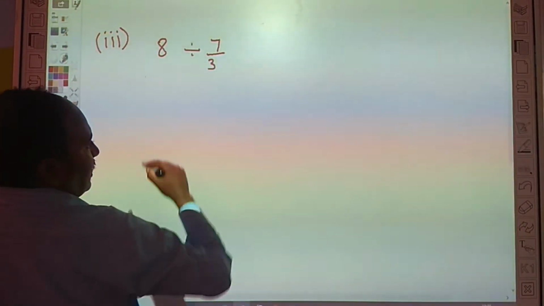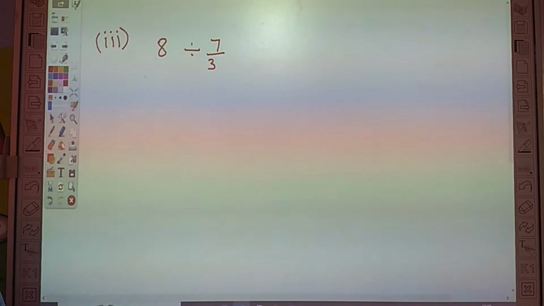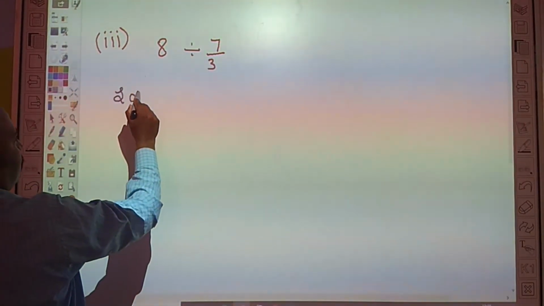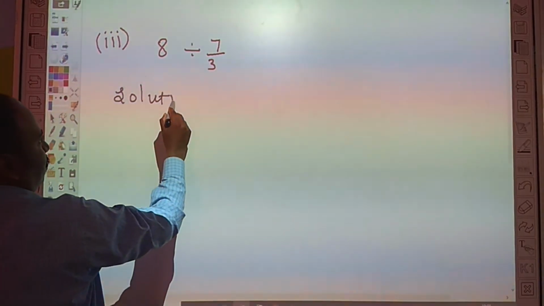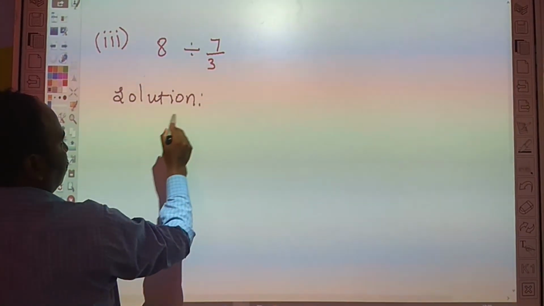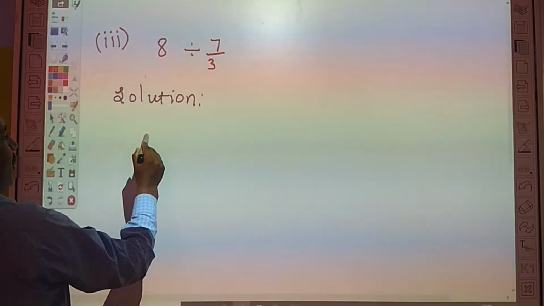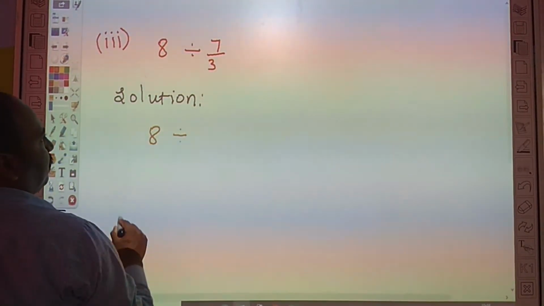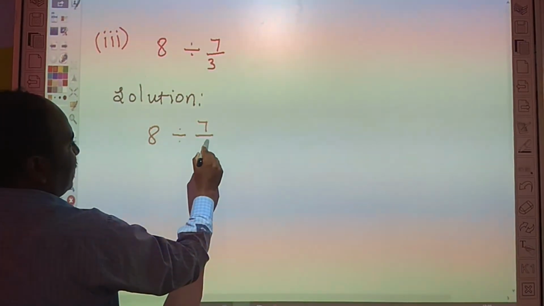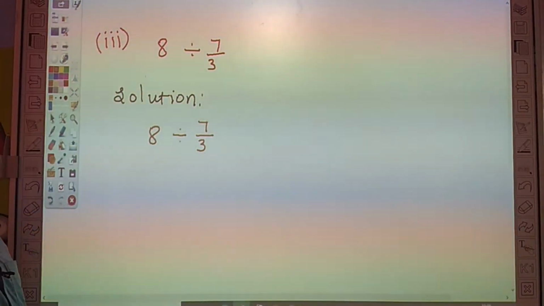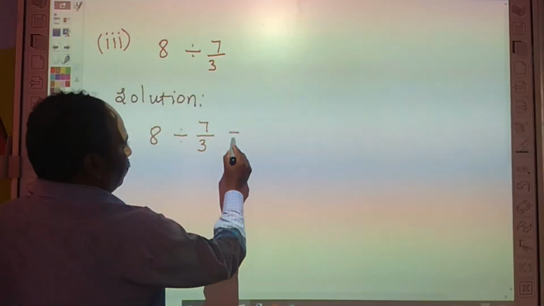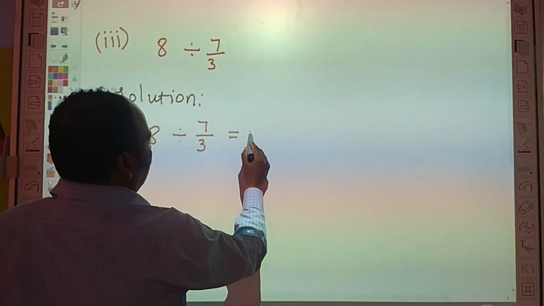8 divided by 7/3. Our question is: 8 is the whole number, divide 7/3 is a fraction. Given number 8.